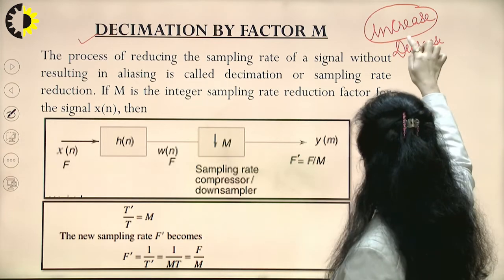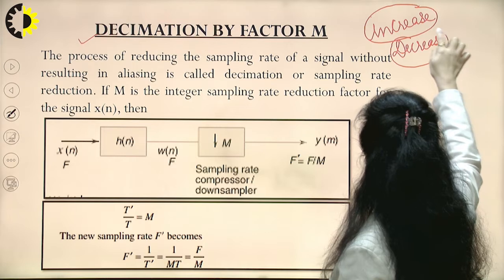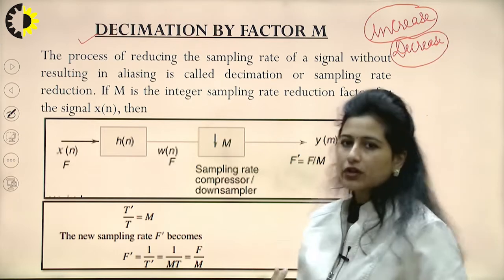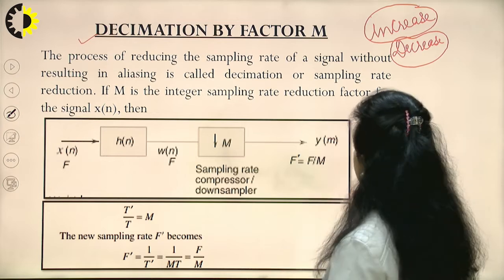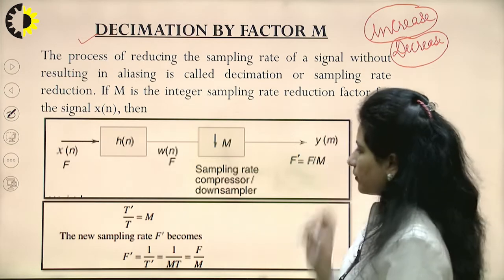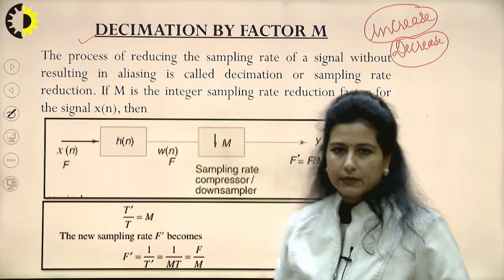But when we decrease the rate, the output signal has fewer samples as compared to the input signal. This is achieved with the help of a process called the decimator.